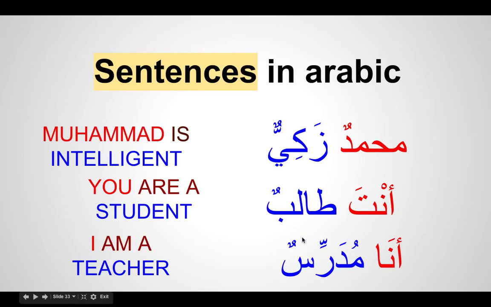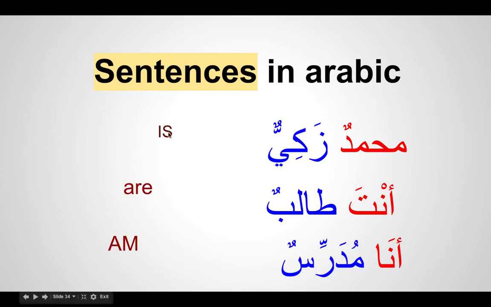There are words which are missing, called coupling words or connectors. Is, are and am are not there in Arabic. So when we are translating, if we can fit the is, are or am, then the part before it becomes the mubtada and the part after it becomes the khabar.